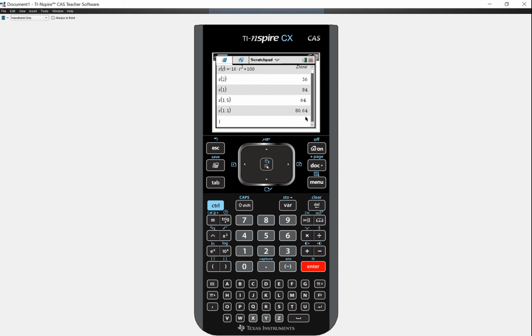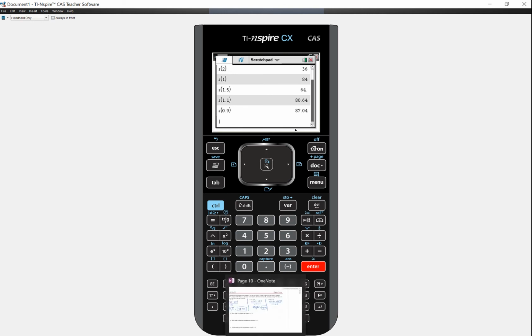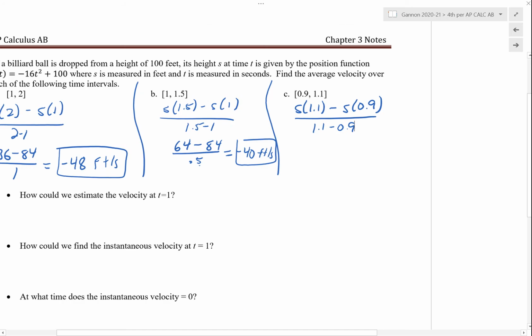That gives us 80.64. We need s of 0.9 as well. Nope, it's not 0.09, 0.9. And that's 87.04. So if we go back, we're going to end up with 80.64 minus 87.04 over 0.2.